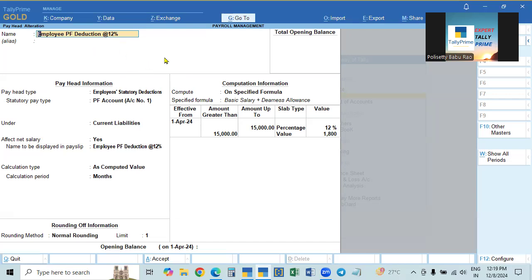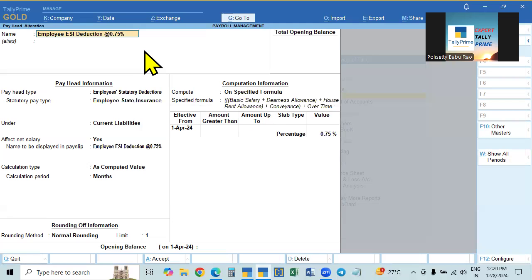But in that case, it need not be 12%; 10% is enough. So with fewer than 20 employees, the deduction will be 10% only. It is voluntary, not compulsory. If it is 20 or more, it is compulsory.